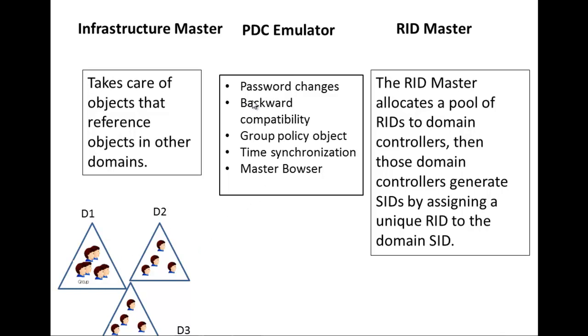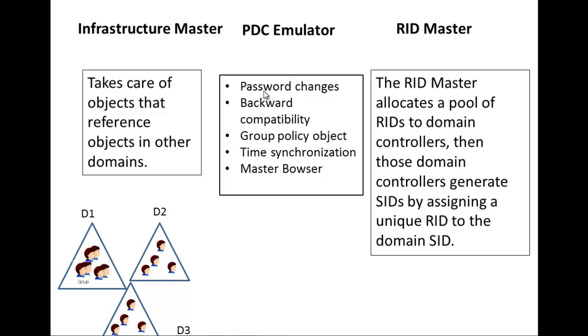The next master role that we want to look at is the PDC emulator. The PDC emulator is a domain controller that performs critical functions for the domain. Some of the functions are password changes.